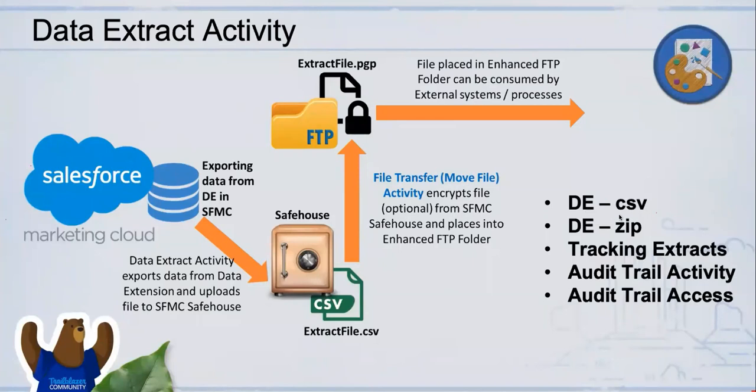And that extracted data could be in CSV form. You can zip it, or you can use data extract to extract tracking data, like all email sends, email opens, and unsubscribes, and all the tracking data can also be extracted by using data extract activity. Along with tracking data, you can also use data extract activity to extract audit trail data.